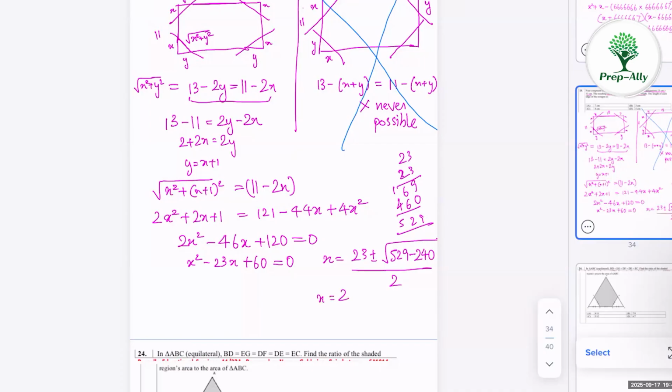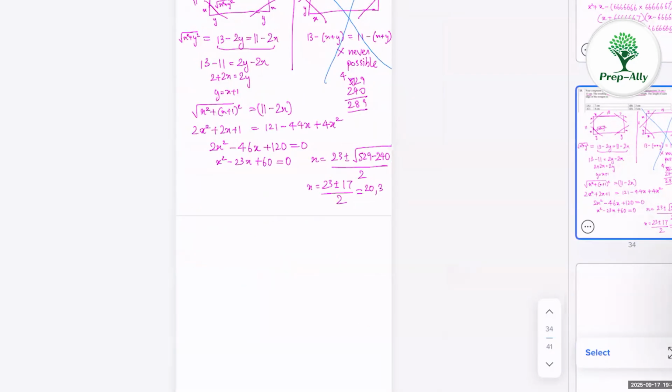So x equals 23 plus or minus 17 by 2, right? So we get x equals either 23 plus 17, that's 40 by 2, 20, or 3, right?